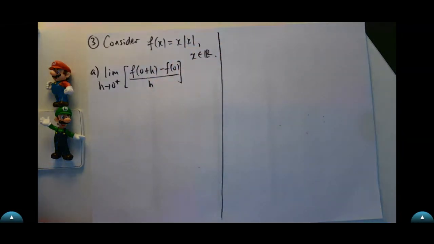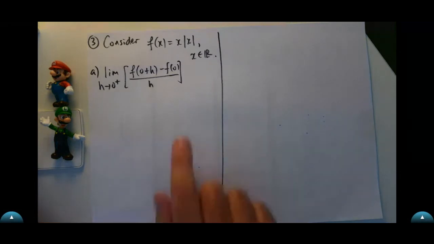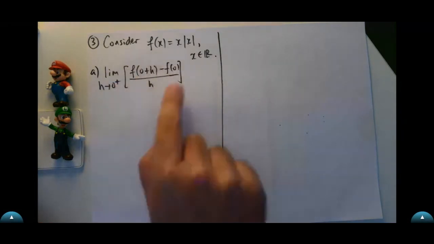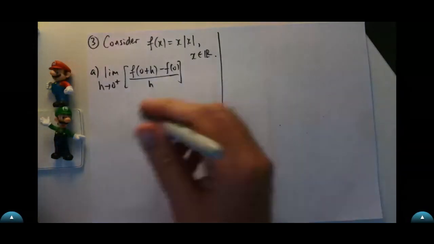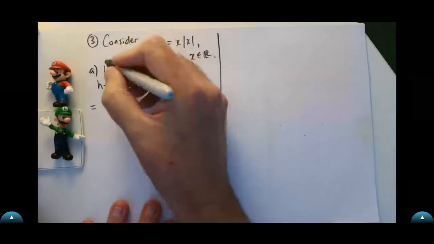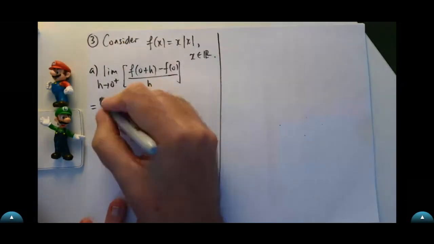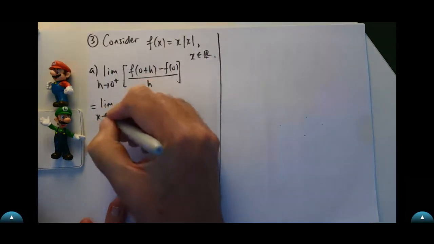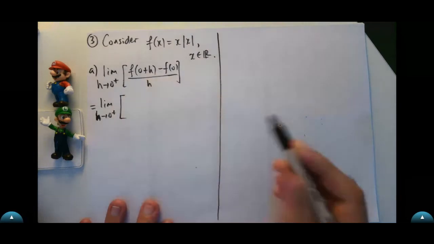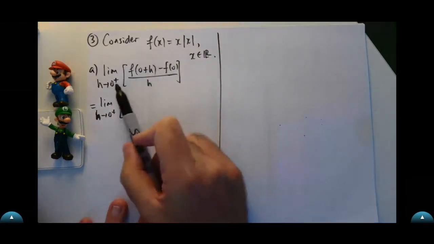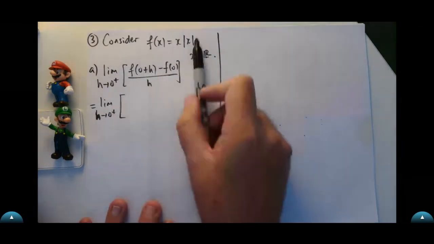Now, from the graph that we just saw, this kind of looks like the slope of the tangent is going to be 0, right? But let's actually just work it out. Okay, so let's do that. Oh, sorry, that's a h. All right, when h is positive, it's coming in from the right.